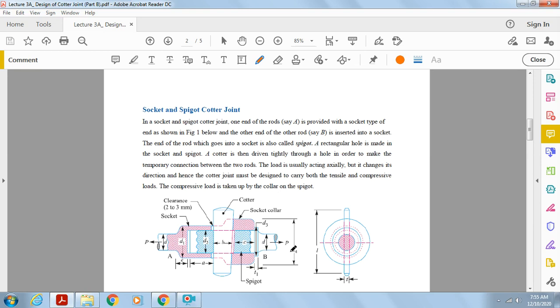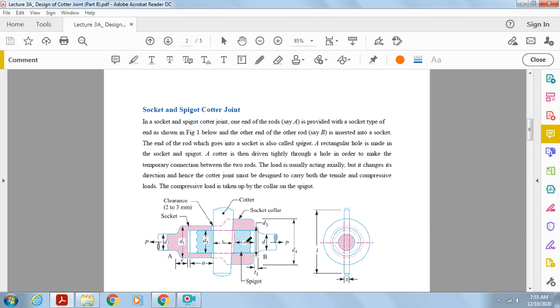The end of the rod which goes into the socket is called the spigot. The blue colored hatch line is the spigot part, and the red colored hatch line is the socket part. Now there is a rectangular hole made in the socket and spigot.